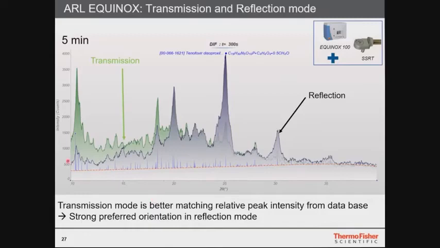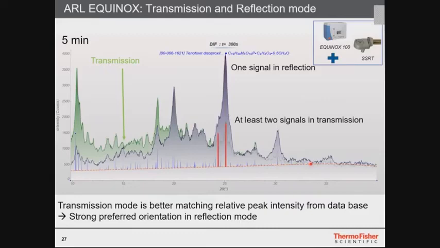These blue tick marks are the entries from the database. So you can see that in the reflection scan, some signals are missing. For example, here in the reflection scan we only get one signal, while we get at least two in transmission. So we can increase the resolution doing so.